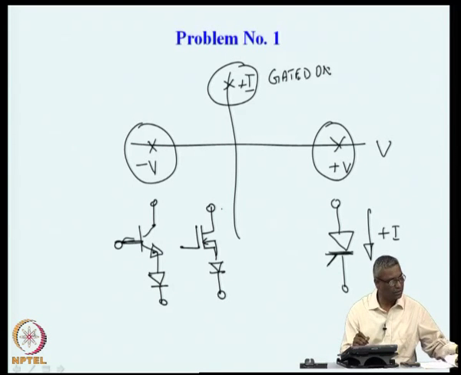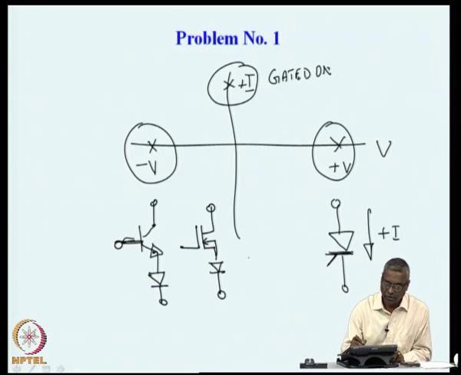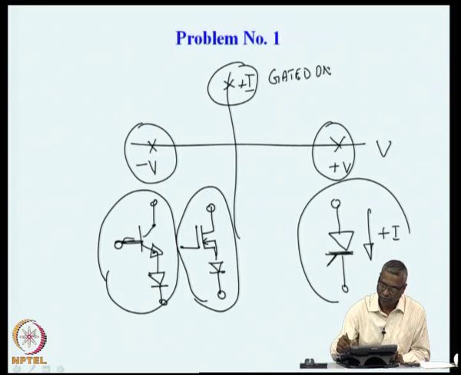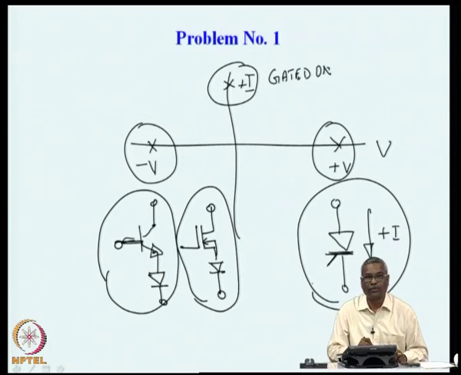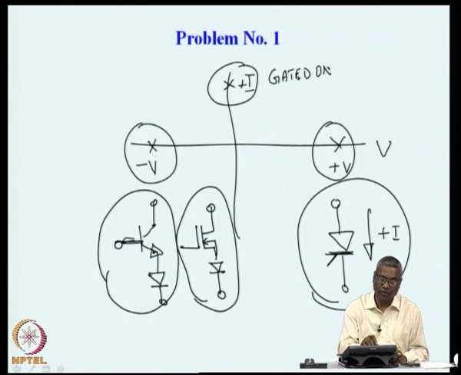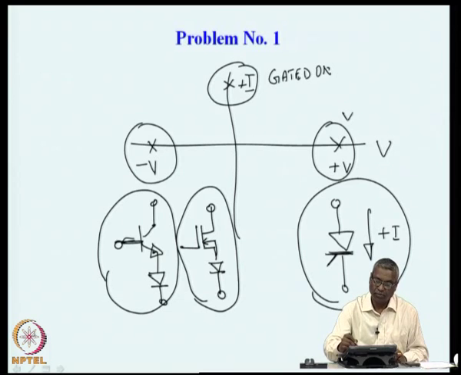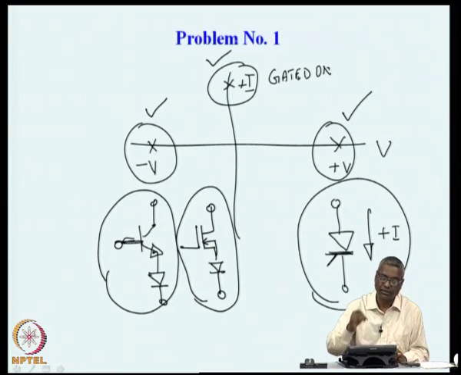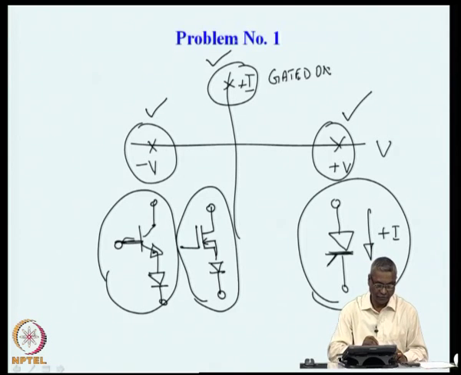So, all these switch combinations are capable of meeting these requirements, and we would say that a BJT with a series diode, a MOSFET with a series diode or a simple thyristor will satisfy the requirement of blocking positive voltage, blocking negative voltage and passing positive current.